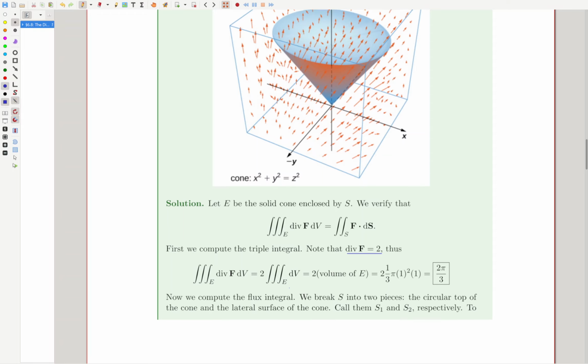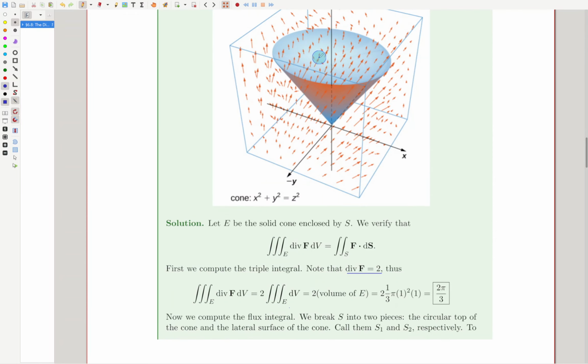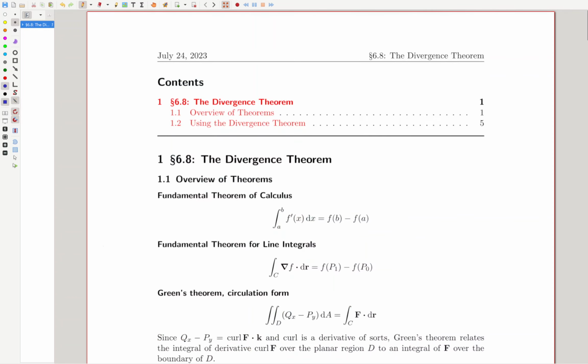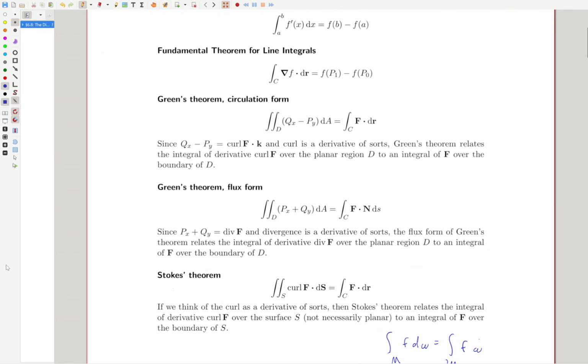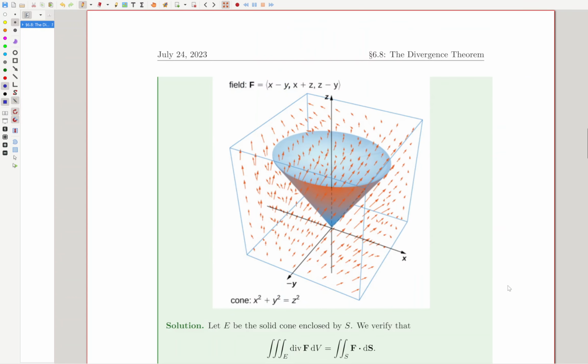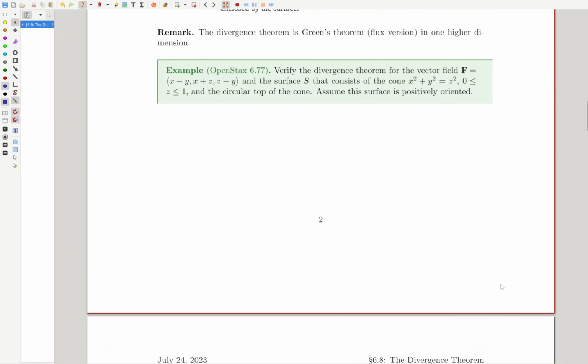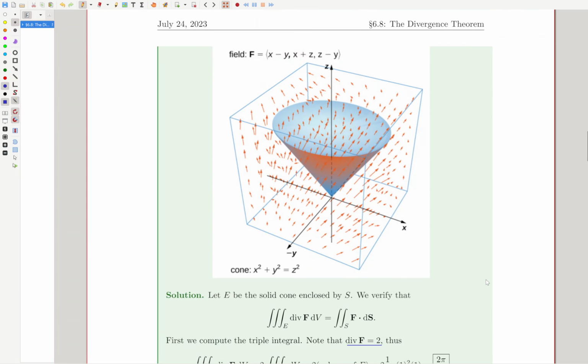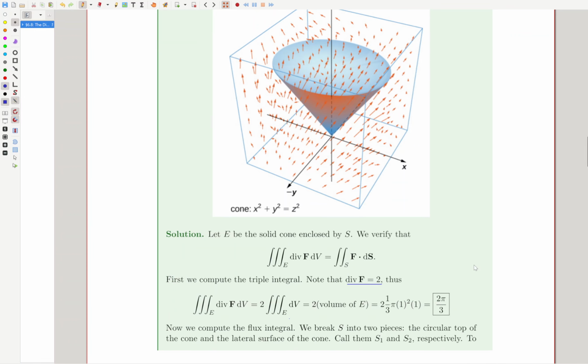The base is the circle of, in this case, radius 1, which is given in the setup, although I didn't quite point that out. Because z goes up to 1, when you insert that into here, you see that the uppermost part of this region has x squared plus y squared equals 1. So it's a circle of radius 1 at the top, which is how we know that this circular face is going to be radius 1.